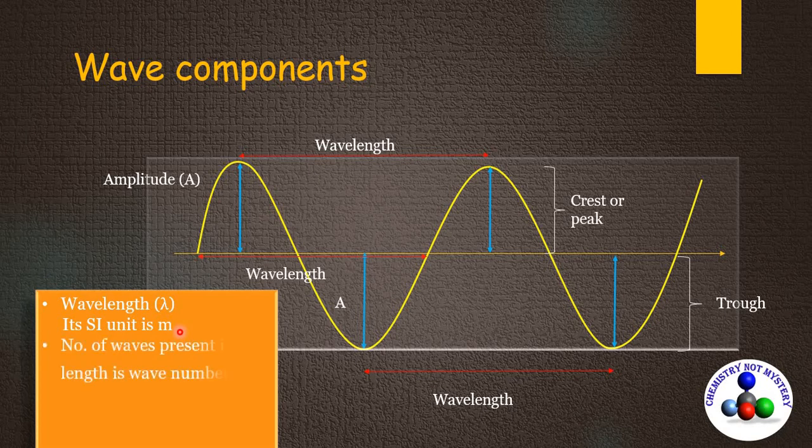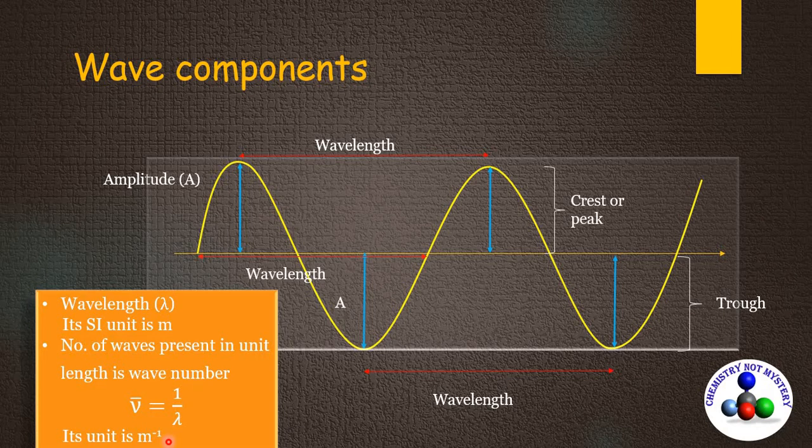The number of waves present in a unit length is called wave number, and it is defined by 1 upon lambda. It is represented by nu bar. It is equal to 1 upon lambda, so its SI unit will become meter inverse.